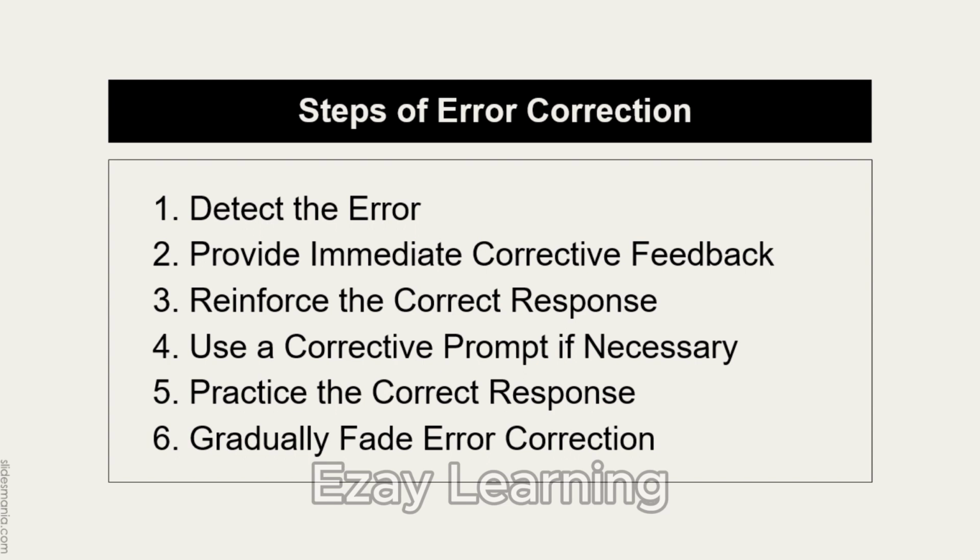Use a corrective prompt if needed. For example, you can prompt them to say apple while fading the prompt as they begin to respond correctly. Practice the correct response again and again, reinforcing each correct answer, and then gradually fade error correction so the learner can answer independently.